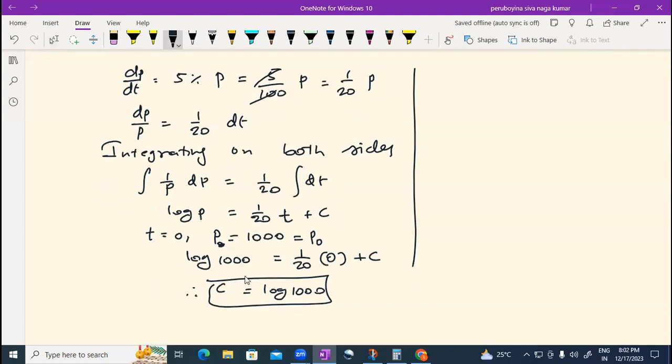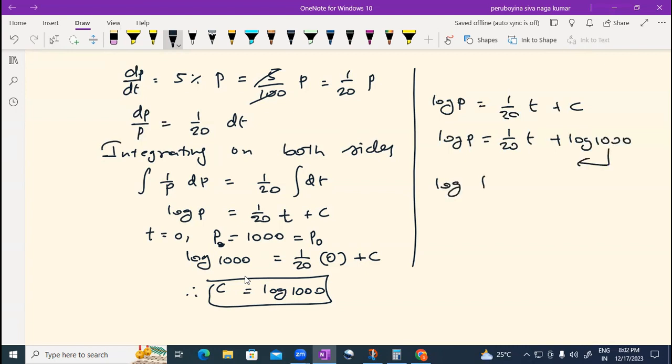We will substitute the value. So log P is equal to 1 by 20 T plus C. In the place of C, we are going to replace log 1,000, and this will be moved to the left side. Therefore, log P by 1,000 equals 1 by 20 of T, using the logarithmic properties.